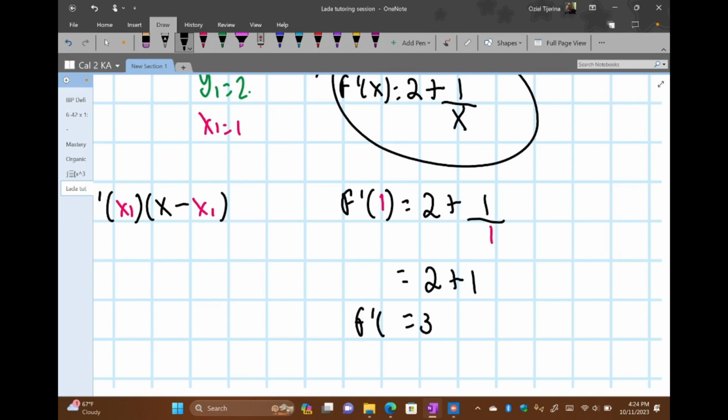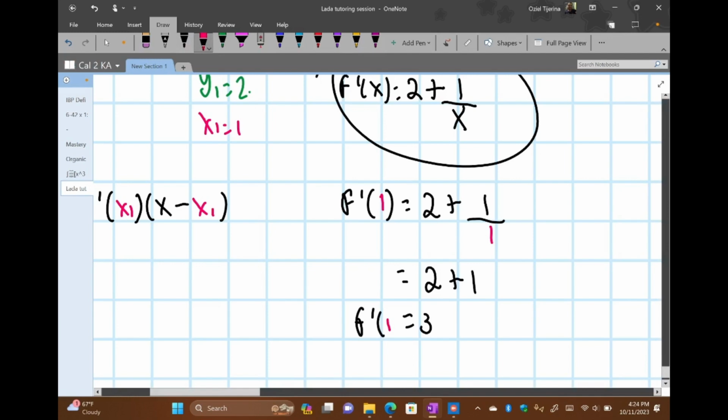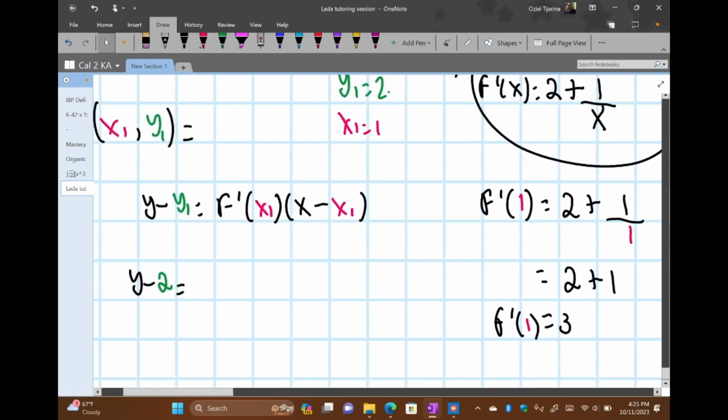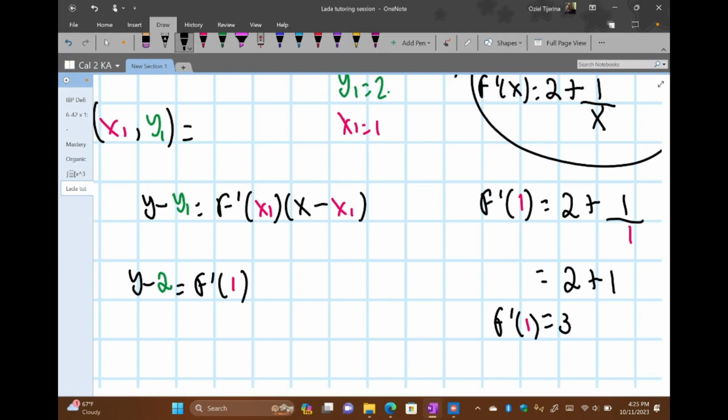So f prime of 1 is 3, and we put this in, times x minus 1.